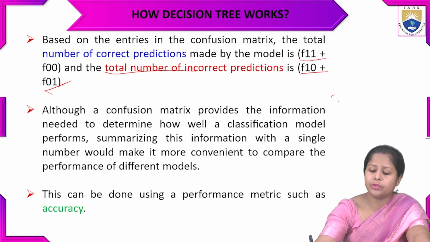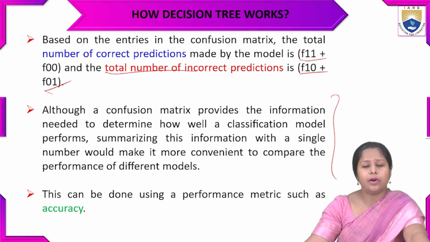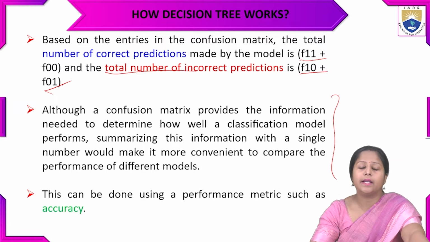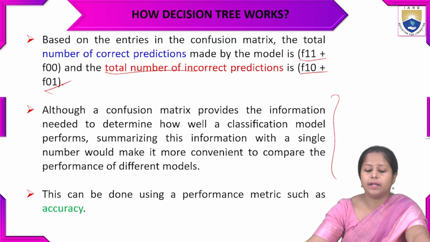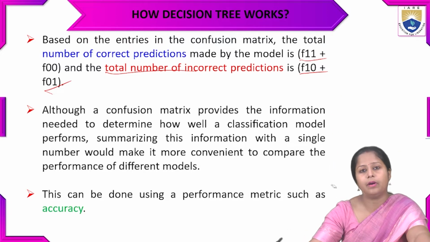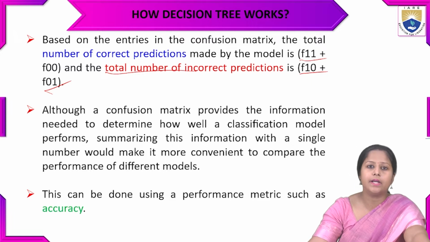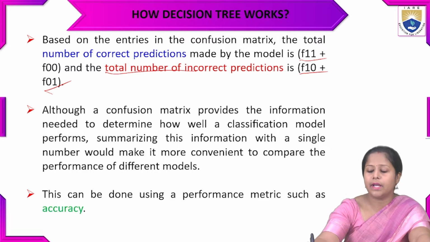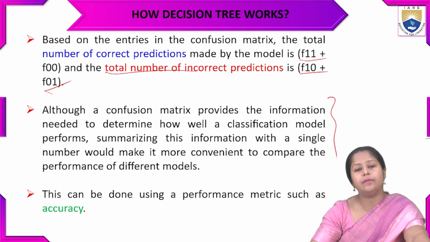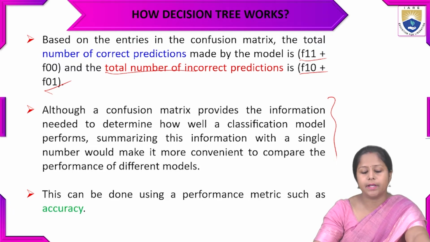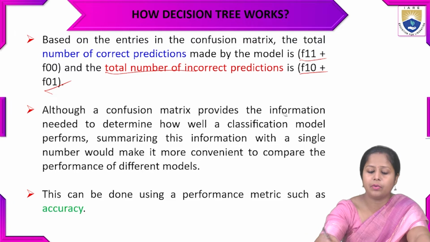Although the confusion matrix provides the information needed to determine how well a classification model is going to perform, it is also useful to summarize this information with a single number, which makes it more convenient and handy to compare the performance of different models.